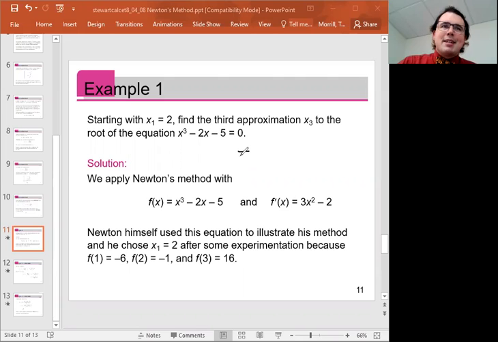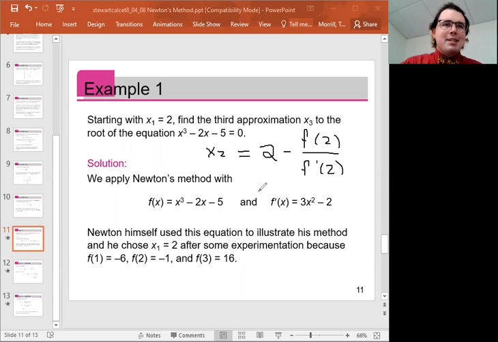So my next guess, we'll call that x sub 2, is going to be x sub 1, which is 2, minus f of 2 divided by f prime of 2. That's the formula.